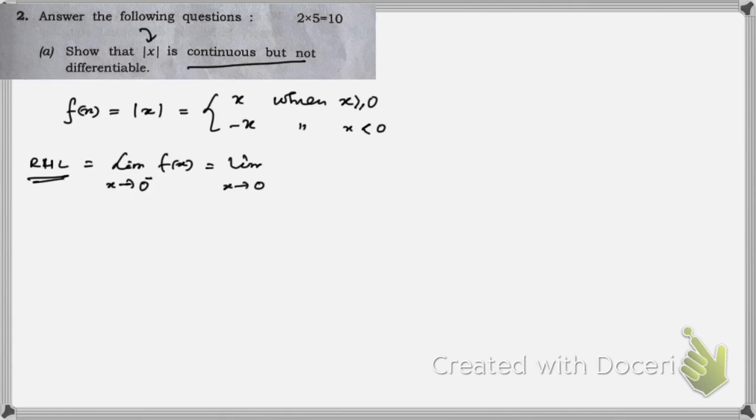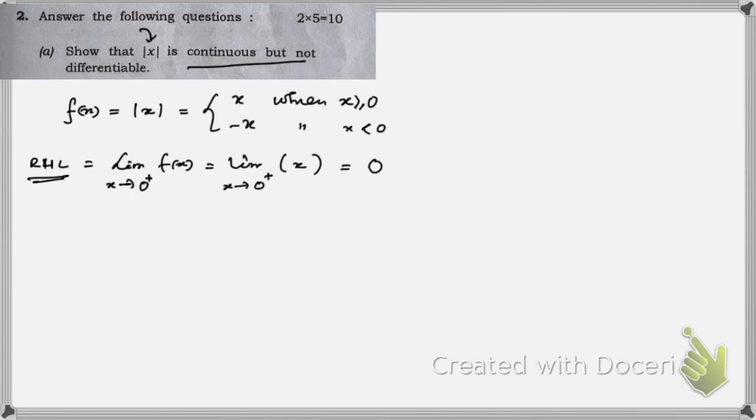If you take the right hand limit, then it should be positive. In that case the limit is gonna be x, if you take the right hand limit for x greater than 0, then this is positive. So if you put 0, then you're gonna get 0.